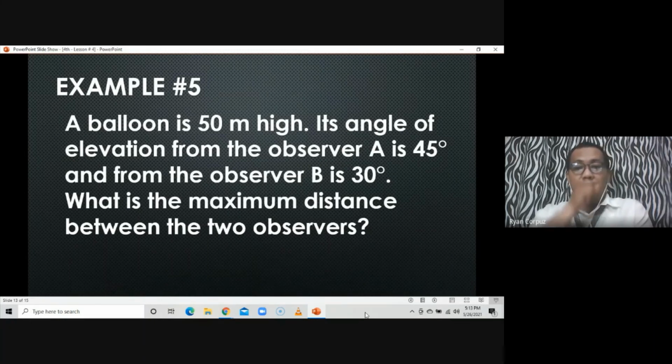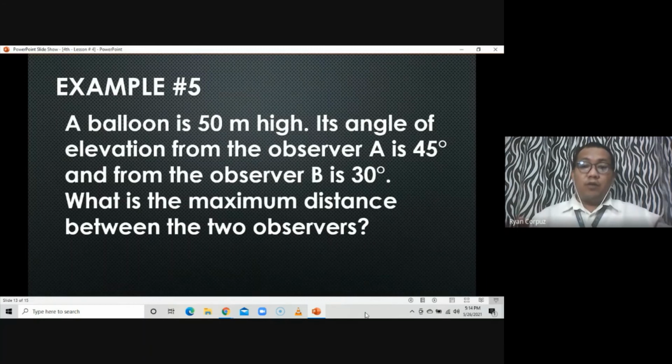Observer A, when looking at the balloon that is 50 meters high above the ground, has an angle of elevation of 45 degrees.